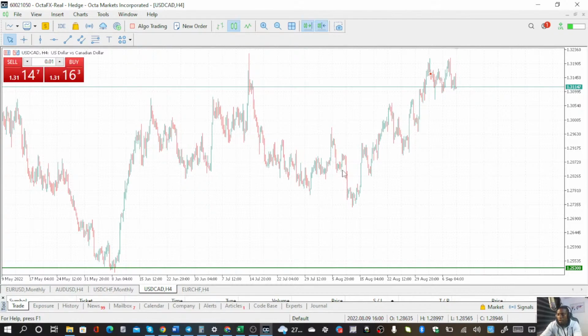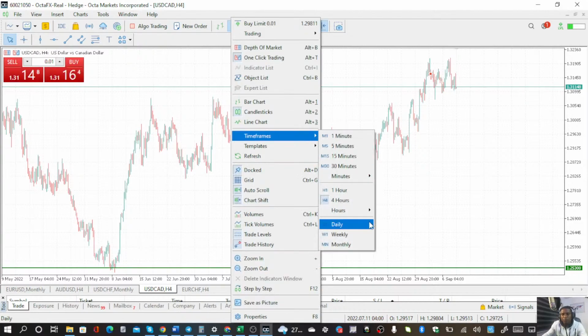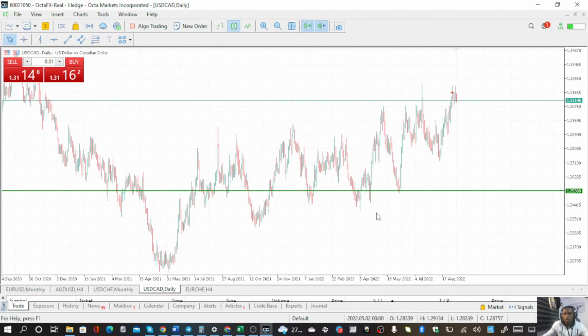One of which is, what is the current trend of the market? So if we are starting with the daily time frame and we want to look at what the current trend of the market is, what would you say the current trend of the market is from what you can see here?